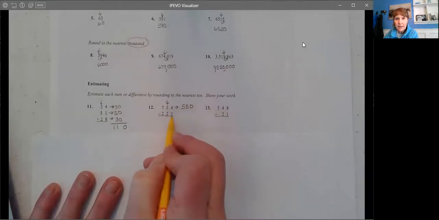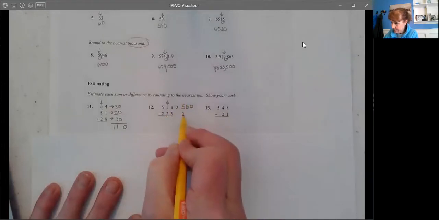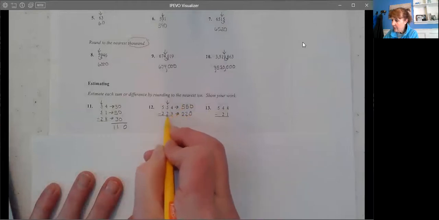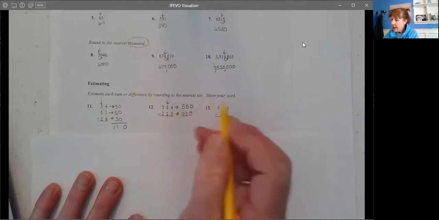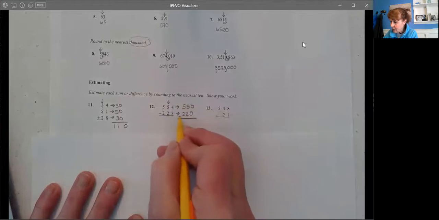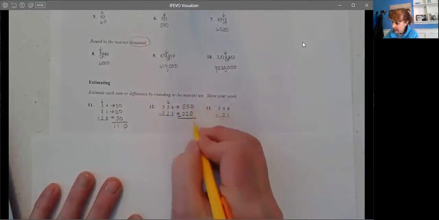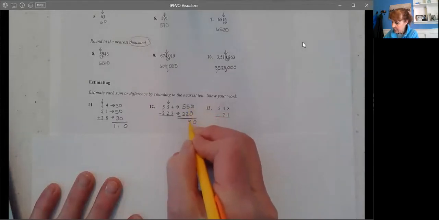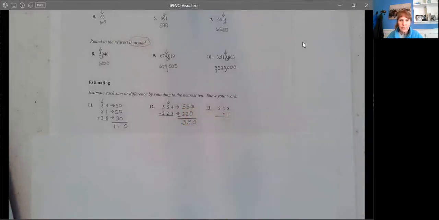You look to the right, since it's less than 5, the 2 stays. And what follows, your place that you're rounding to, becomes a 0. Now that you've rounded these, then you subtract. I'll put my little subtraction symbol in there now. So 0 minus 0 is 0. 5 minus 2 is 3. 5 minus 2 is 3. So your answer is 330.